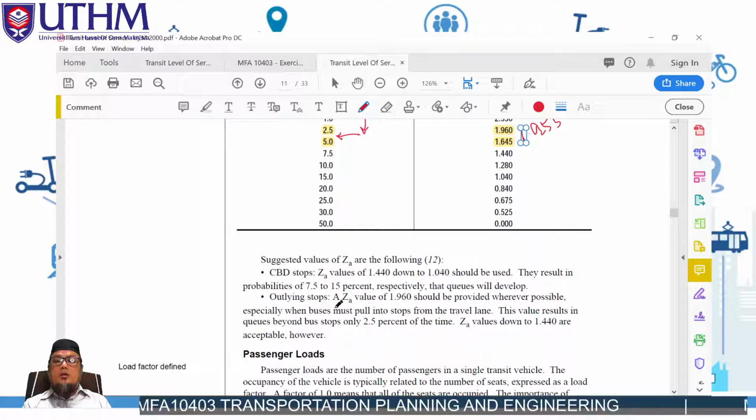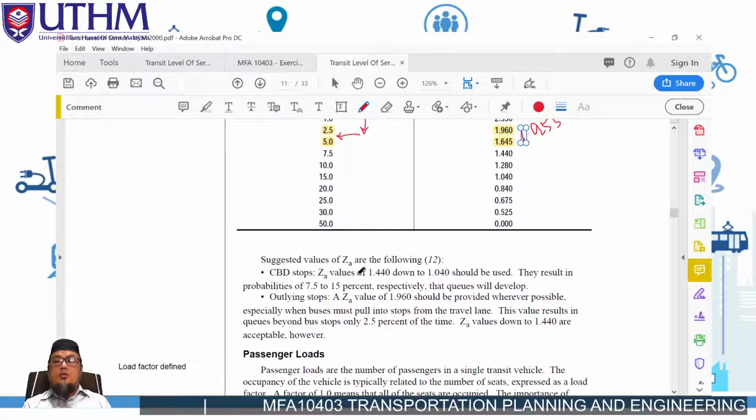That means quite a queue will be developed. But if we have a ZA value of 1.96 or lower, this value results in a queue beyond the bus stop of only 2.5%. So this is very good and acceptable.